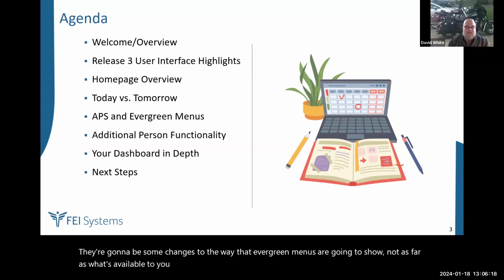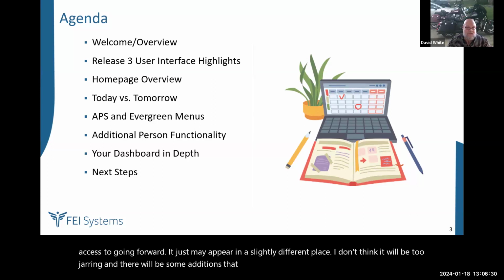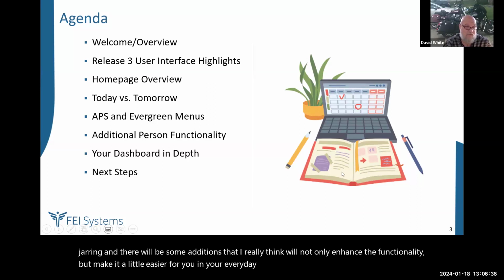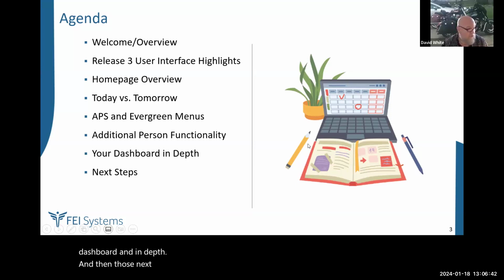Everything that you have had access to in the past, you will have access to going forward. It just may appear in a slightly different place. I don't think it will be too jarring. And there will be some additions that I really think will not only enhance functionality, but make it a little easier for you in your everyday work. We're going to be looking at that dashboard in depth, and then those next steps, including when this is all going to roll out.